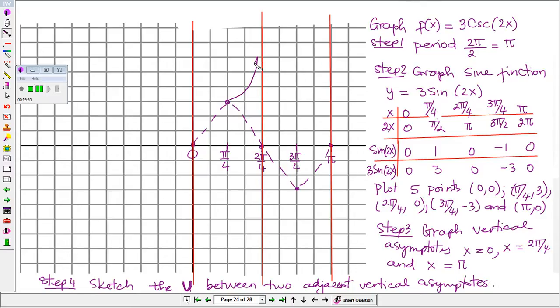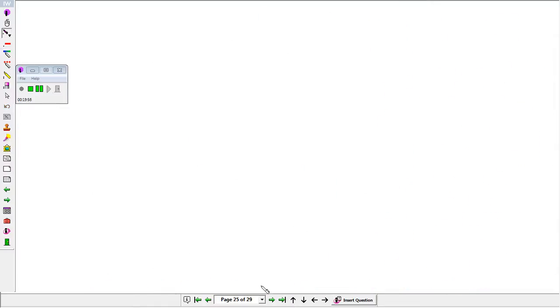You can see right here, for the sine function this piece opens down, so for our cosecant, my U will be in the opposite direction, opening up. That's it. So we have our cosecant function graph. This is the graph of f of x equals 3 cosecant of 2x.